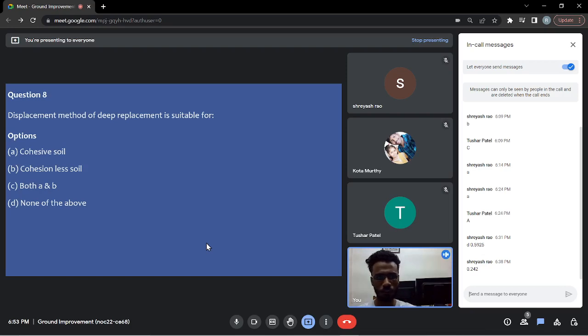Any answers, Shreyash? Which type of soil do we usually go for deep replacement? Tushar, we have Kota, Murti.